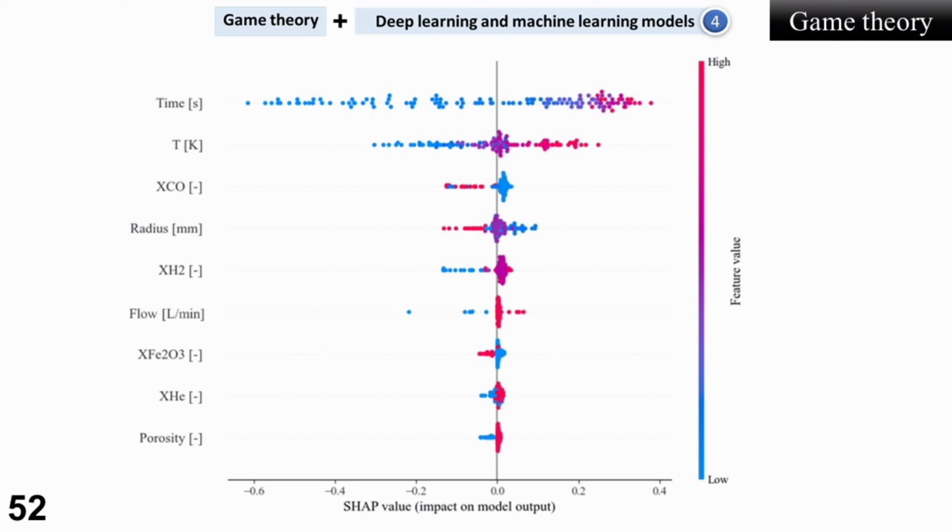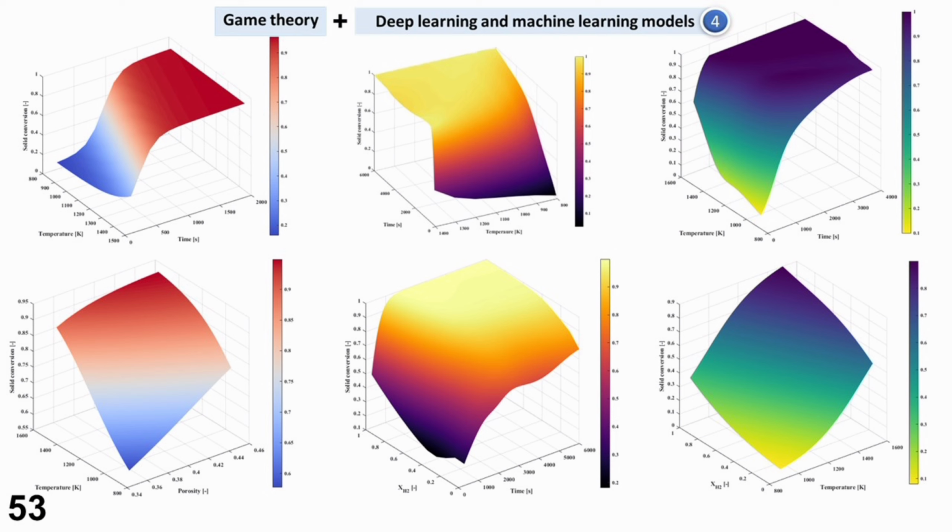Additionally, we use explainable artificial intelligence to show the importance of parameters at different times. We found that temperature is the most significant parameter. Then, various 3D profiles were plotted using optimized machine learning models, showing the nonlinear behavior of the reaction, particularly with respect to temperature.